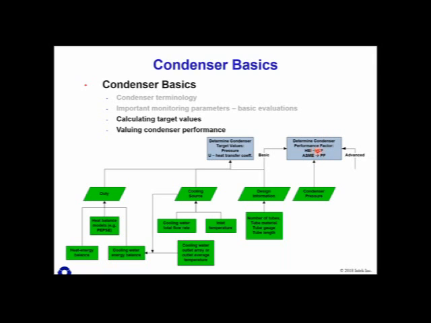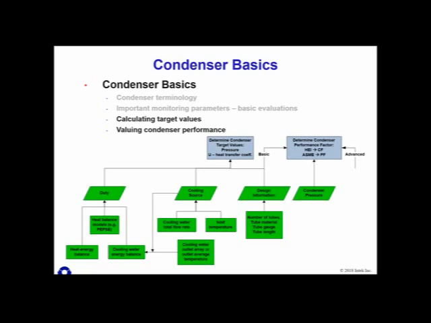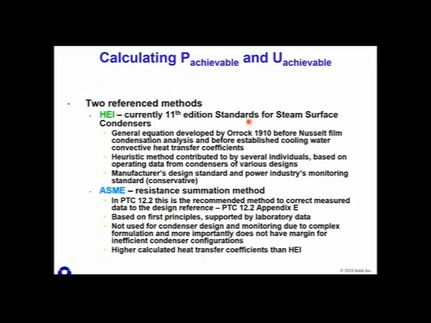One dominates, and that's the HEI method. There's also a series resistance summation method that's detailed in ASME PTC 12.2. It's very useful for doing some detailed studies, but it's not really useful for continuous monitoring. So we'll talk about those here.